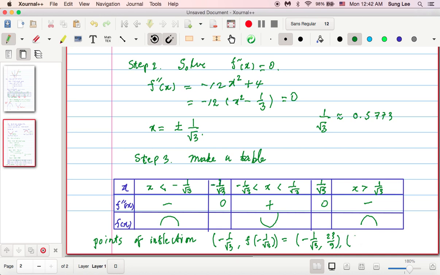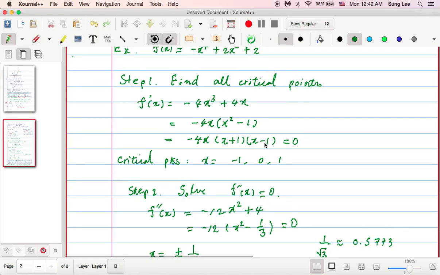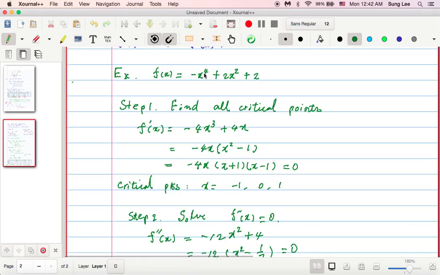And one more, 1 over square root of 3, and f of 1 over square root of 3. Okay, actually, if we go back, f of x is x to the fourth power, right? And so exponents are all even numbers, 4 and 2, which means that x positive or negative doesn't matter.